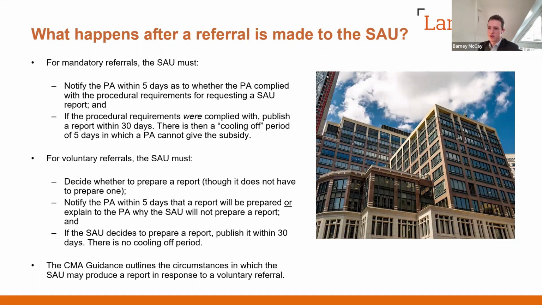So for mandatory referrals, so that's referrals by public authorities for subsidies of particular interest, and also referrals for subsidies that have been called in by the Secretary of State, the unit must notify the public authority within 5 working days as to whether the authority has complied with the procedural requirements for requesting a report from the Subsidy Advice Unit. And if the procedural requirements were complied with, the Subsidy Advice Unit must publish a report within 30 days. There's then a cooling off period of 5 days in which the authority can't make the subsidy.